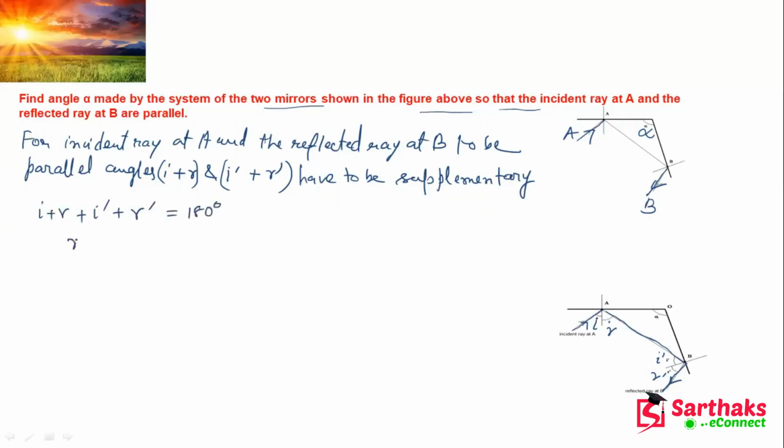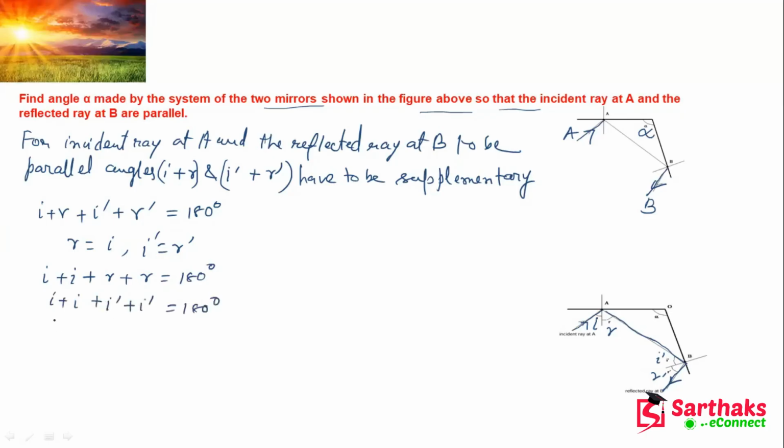Now by the law of reflection, R equals I and I prime equals R prime. So we can write I plus I plus I prime plus I prime equals 180 degrees.